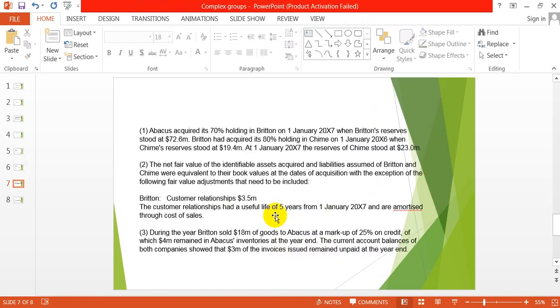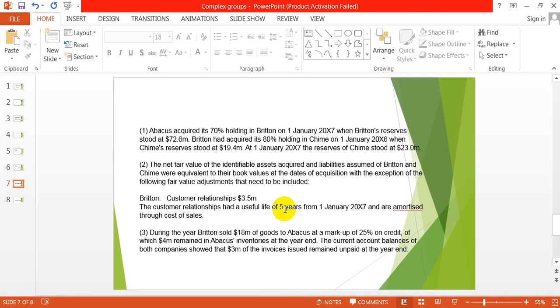in note 1. We're told the customer relations had a useful life of 5 years. Now, $3.5 divided by 5 will give us 700 as amortization per year, which will go to cost of sales.